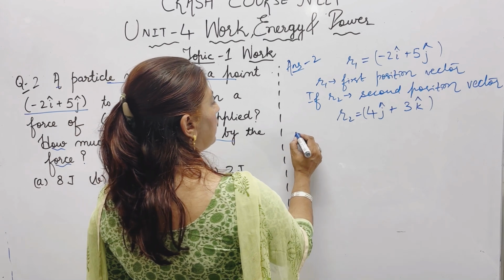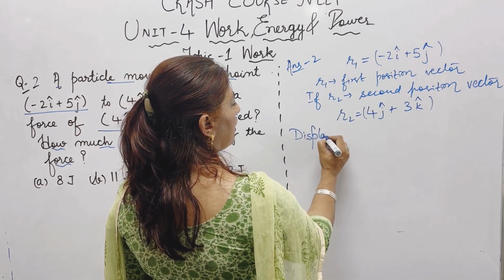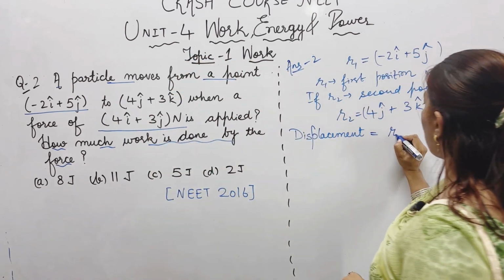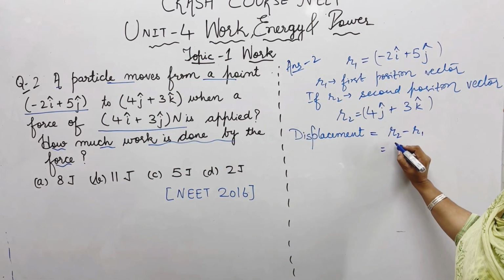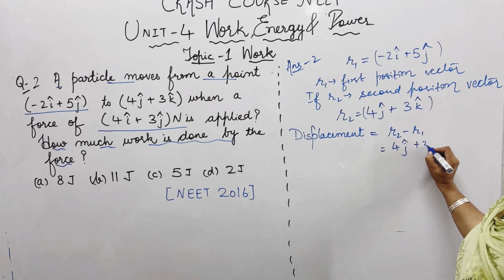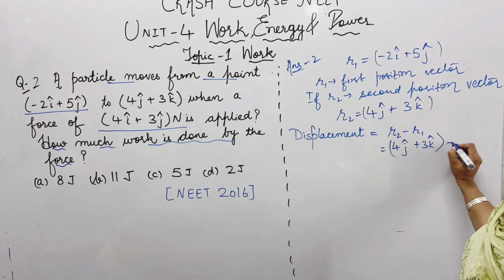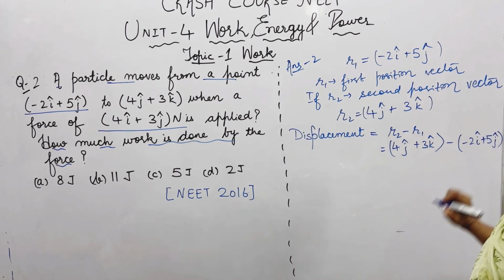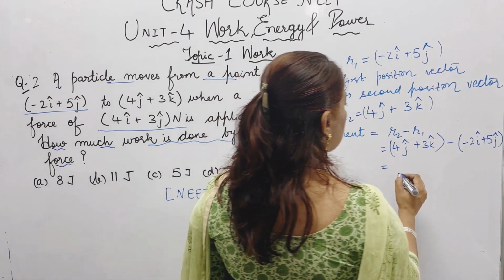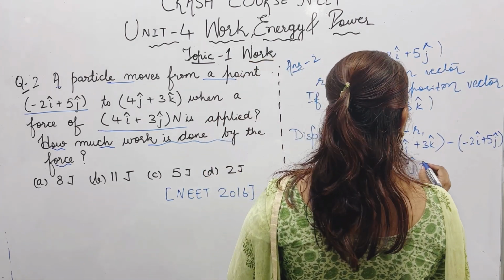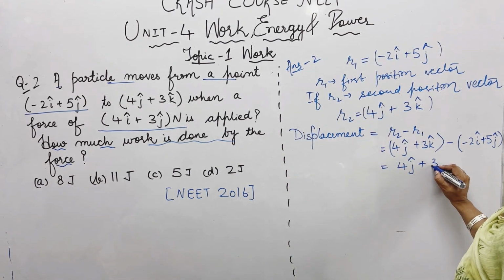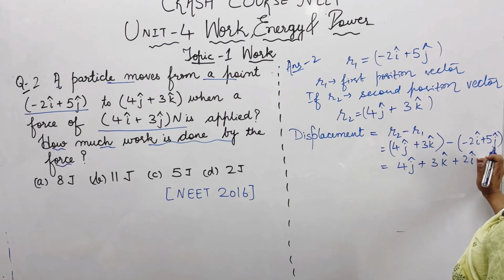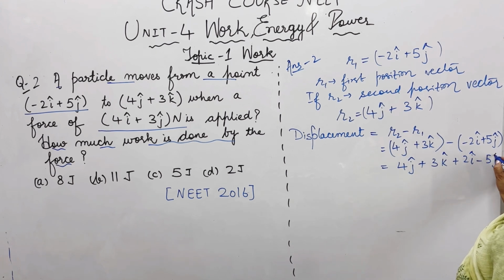So, displacement is equal to R2 minus R1. So 4j cap plus 3k cap minus 2i cap plus 5j cap, and this thing comes out 4j cap plus 3k cap plus 2i cap minus 5j cap.